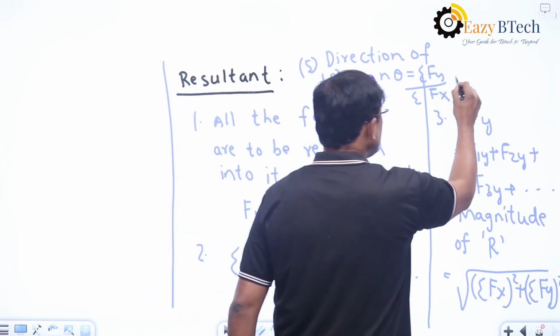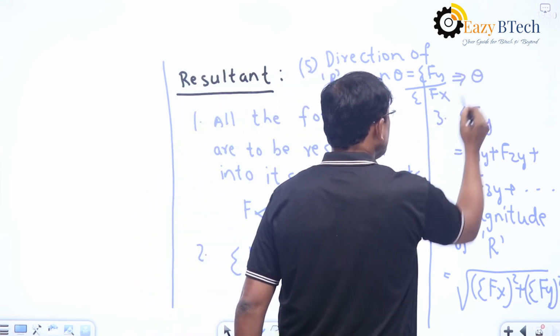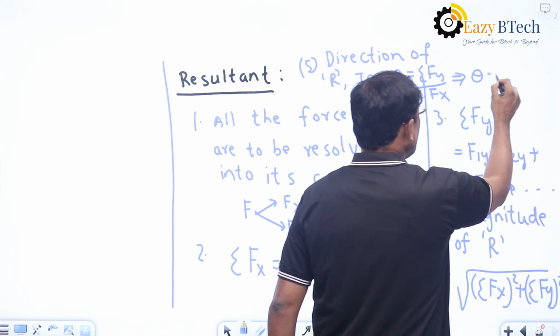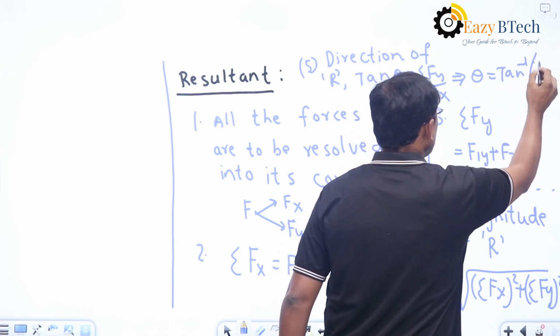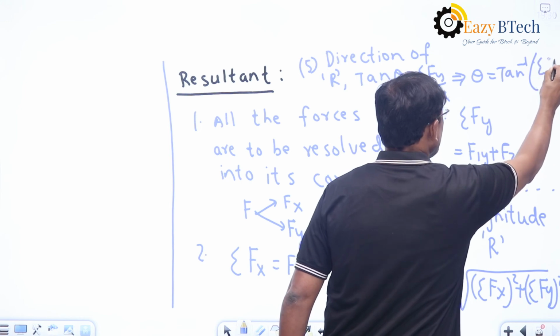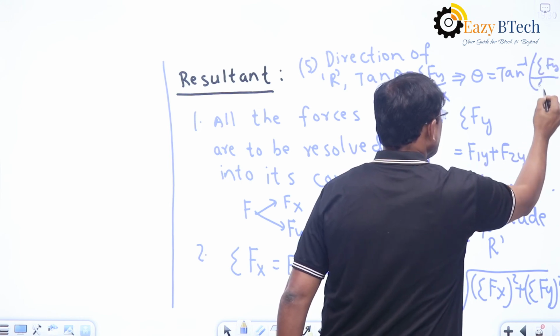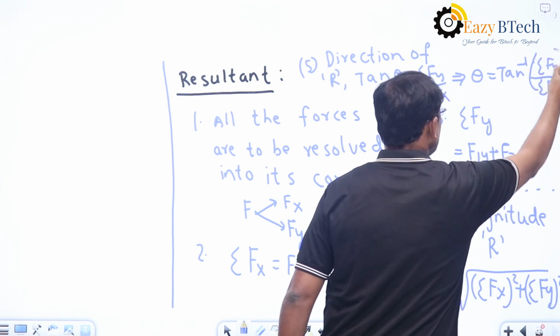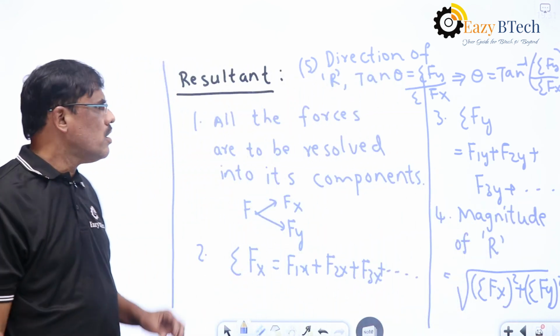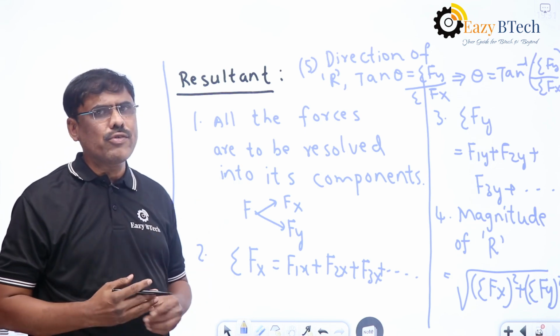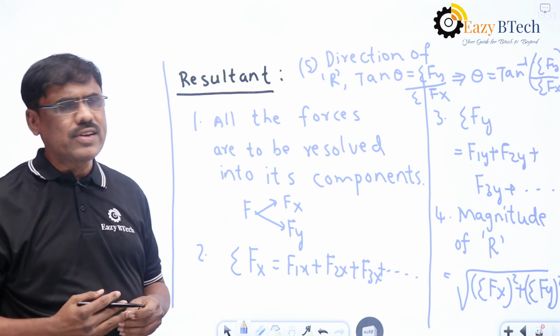From this we can find theta. Theta is equal to tan inverse of sigma Fy by sigma Fx. So these are the steps to be followed for finding the resultant of the given force system.